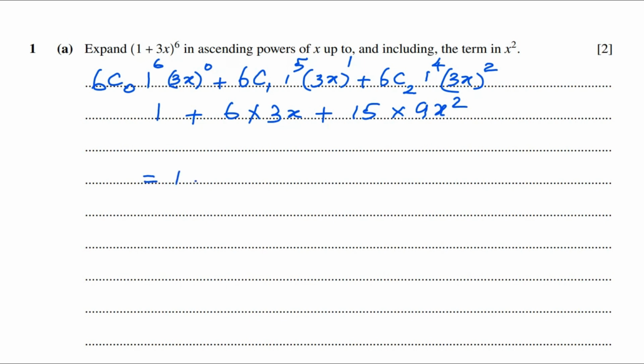So this is equal to 1 plus 18x plus 135x squared.